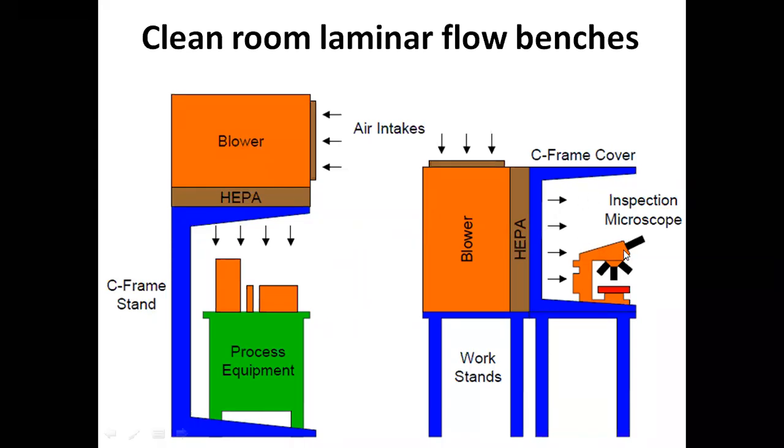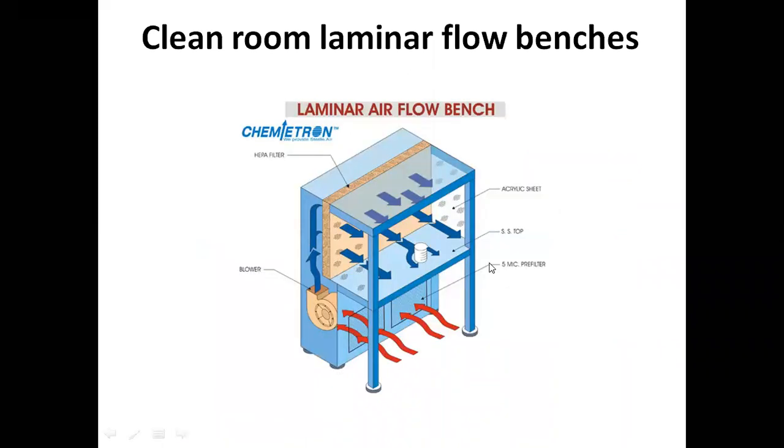The air is blowing in this direction. If any vapors or saliva particles are coming out of your mouth or nose, they would not fall on your wafer. They would be blown away from the wafer. So the inspection you have to do under the horizontal laminar flow bench.